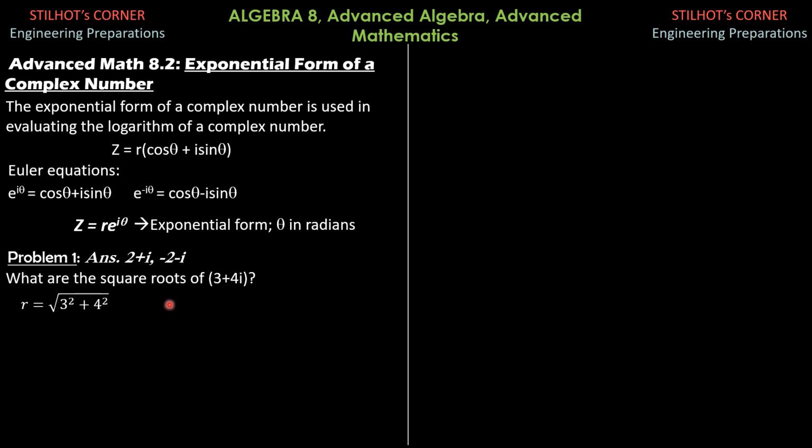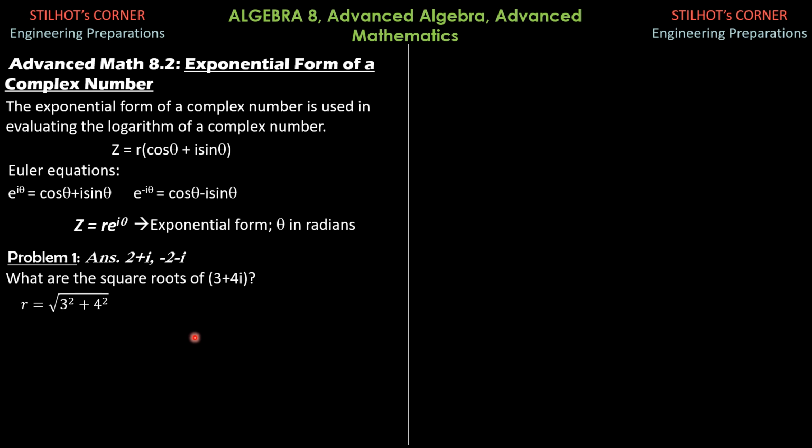And for the square root, remember, the absolute value is the same, while there are two roots, of course, expected because we have square roots here, while the arguments are separated equally at 360 degrees over m apart, where m is the number of roots required, which is in this case 2.